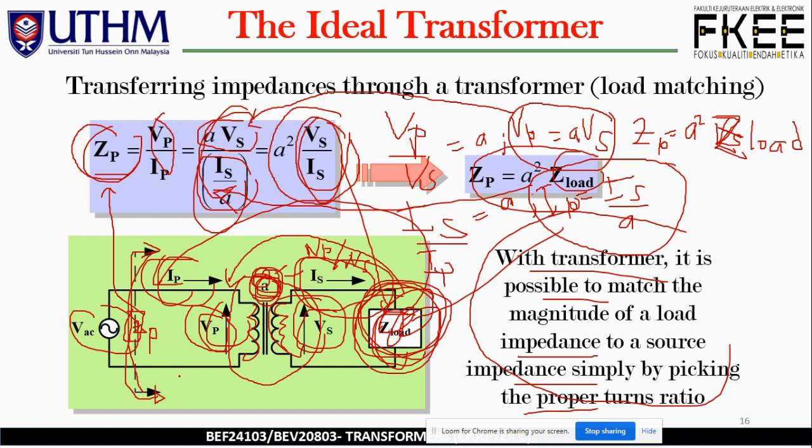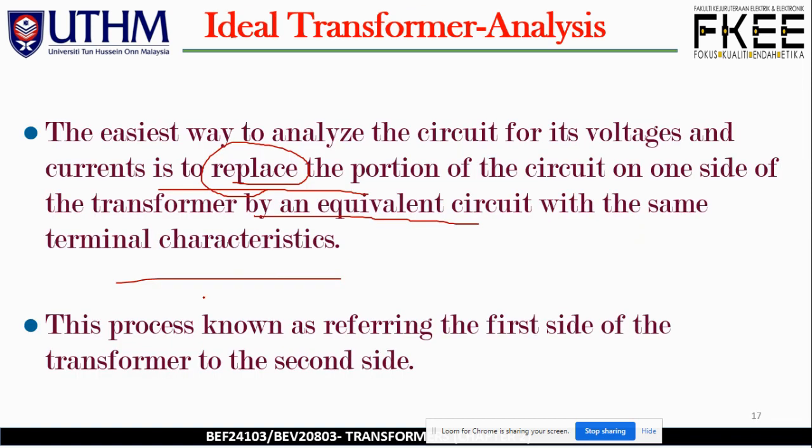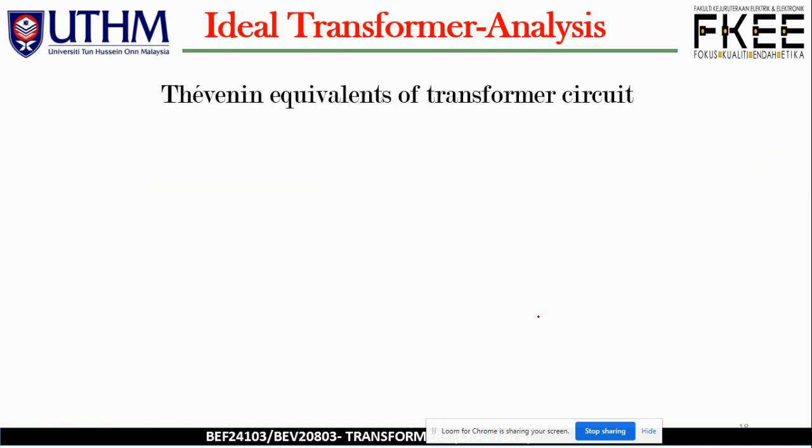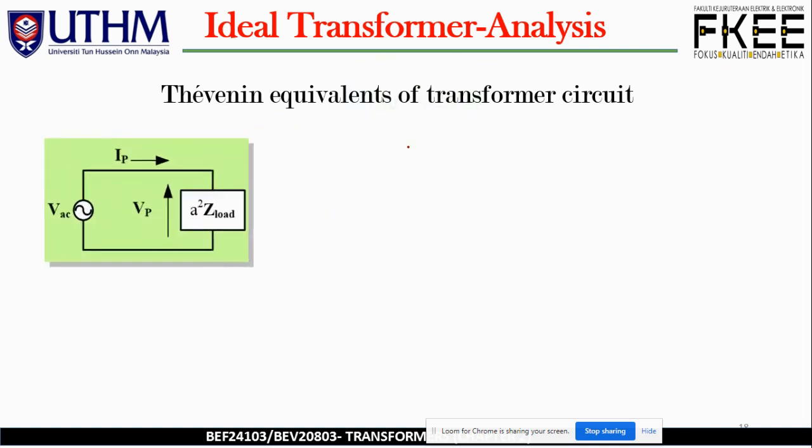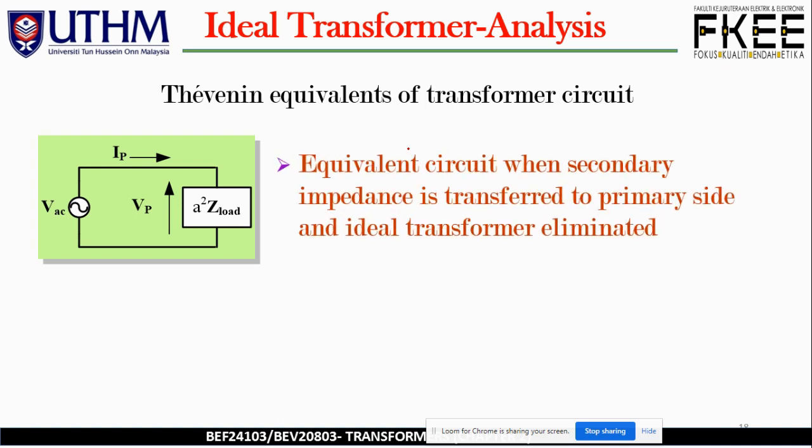This process is known as referring the first side of the transformer to the second side. So this is Thevenin's equivalent circuit of the transformer circuit, with the secondary impedance transferred to the primary side and the ideal transformer eliminated.